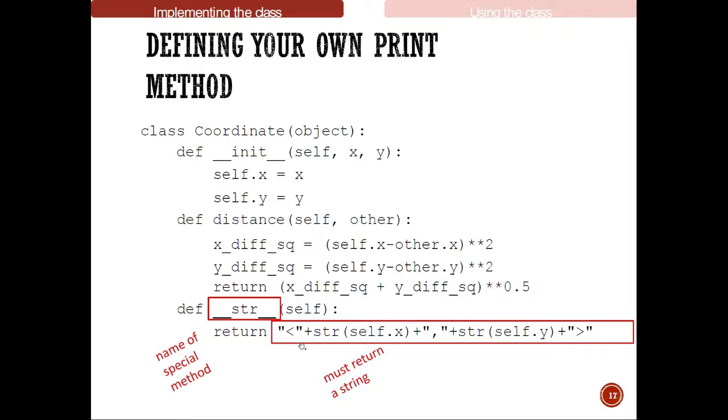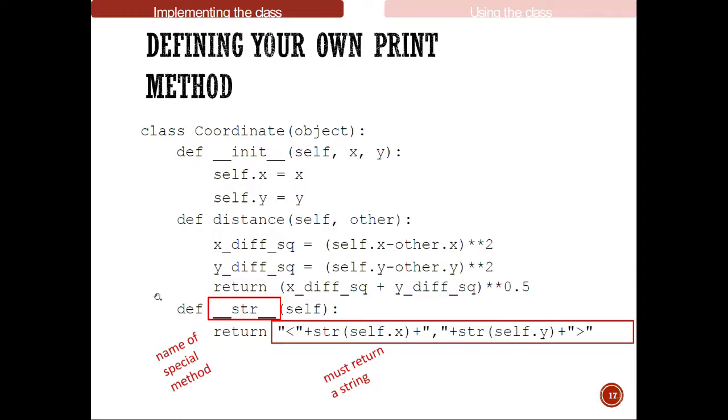So here we're returning a string composed of the character less than, just so that we put them between these two characters. Then we are adding, or concatenating, to that a string version of the value of self.x, so basically returning the x coordinate. We concatenate the comma and then another concatenation of a string version of the y value.